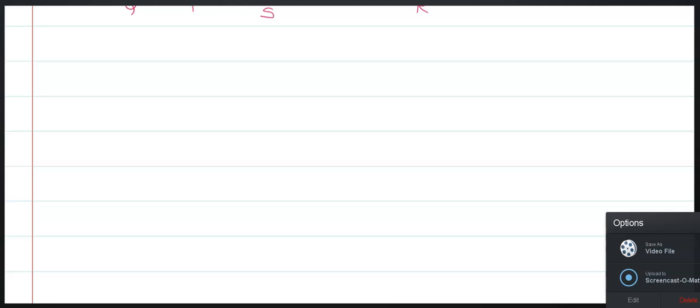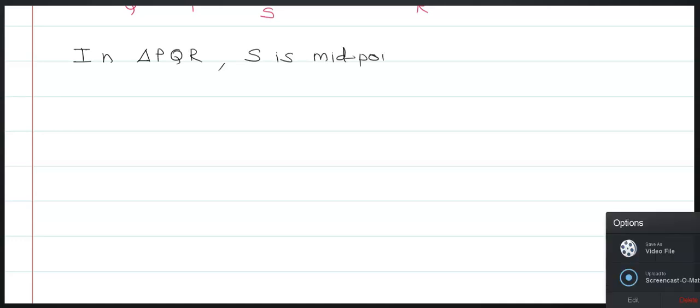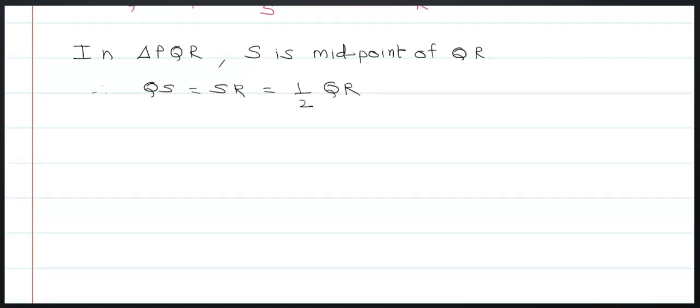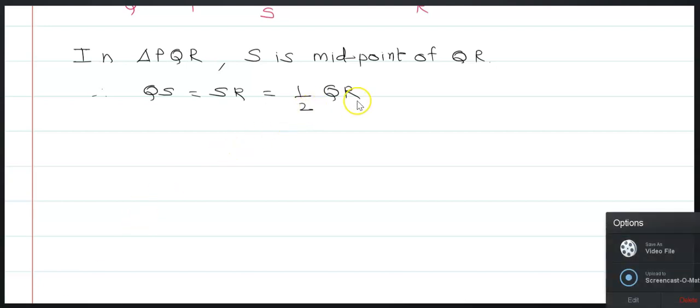Now the next is, in triangle PQR, S is the midpoint of QR. QS is equal to SR is equal to 1 upon 2 QR.